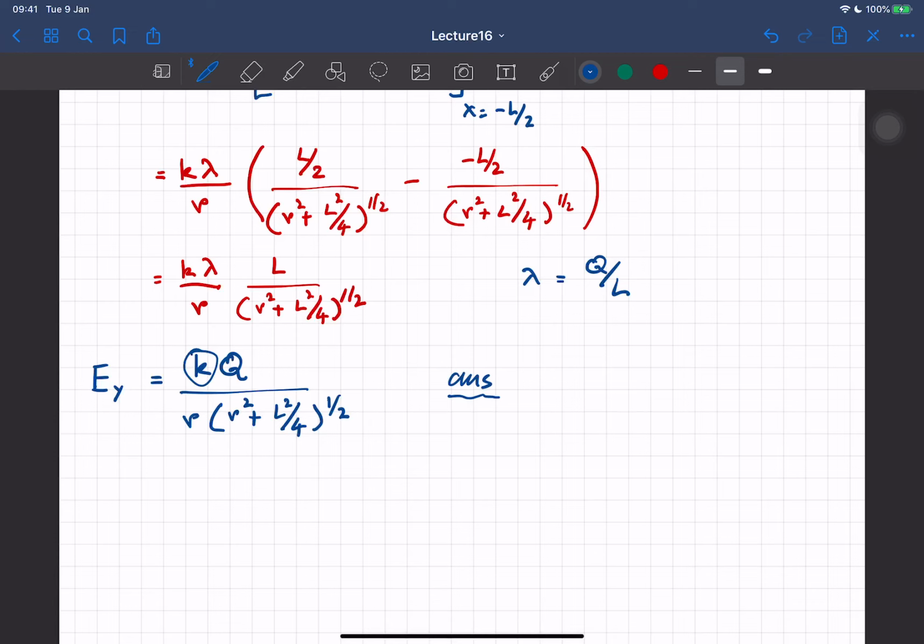So k is here, Q is here, and there is a distance square in the denominator. We have r distance, and we have r square plus L square, so that's good. Then the 1/2 power makes it just a distance. So the unit works out fine. This gives the correct unit, so at least we know it's probably okay.